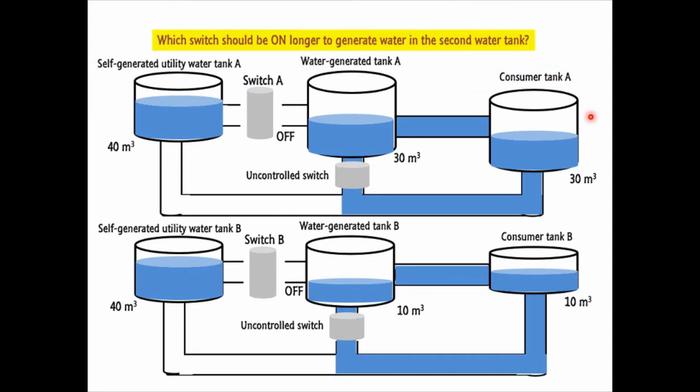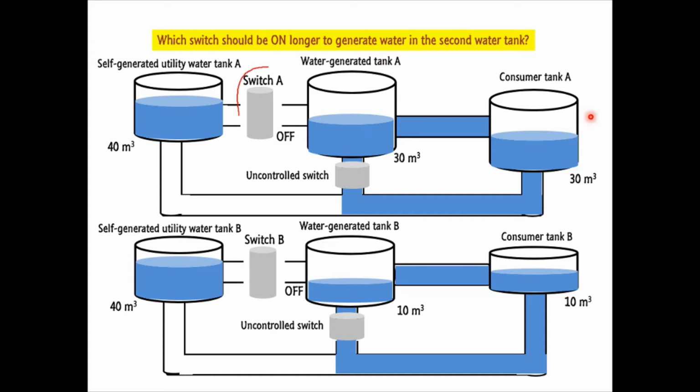Based on your observation, which switch should be on longer to generate water in the second water tank, where this water reflects the consumer's demand?